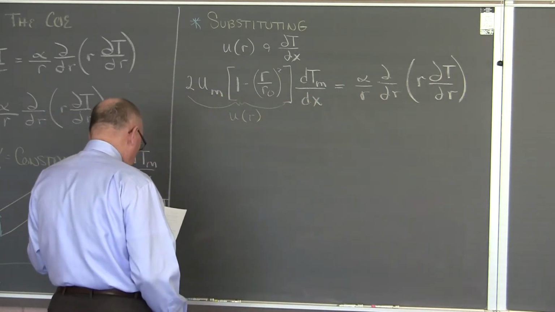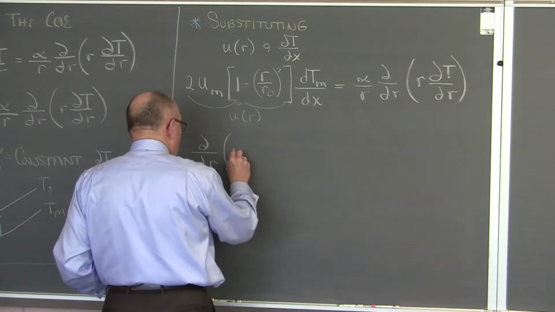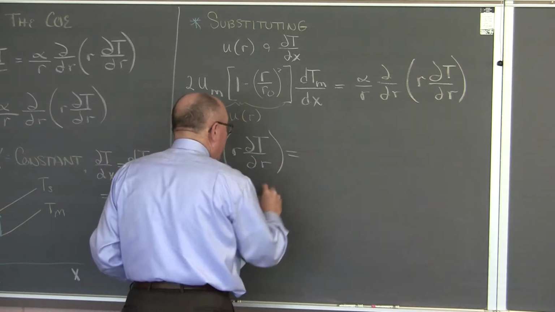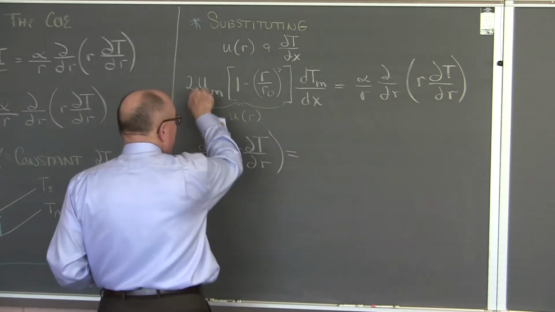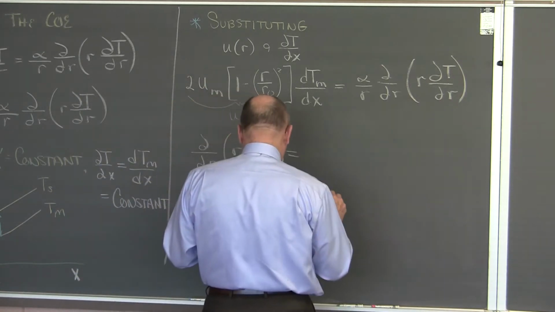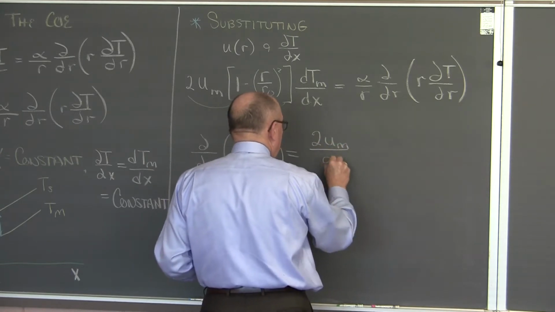Now, we're going to go ahead and rearrange. We're going to say the partial with respect to r of the quantity r times the partial T with respect to r is equal to this times r divided by alpha. So it would be 2u_m divided by alpha.